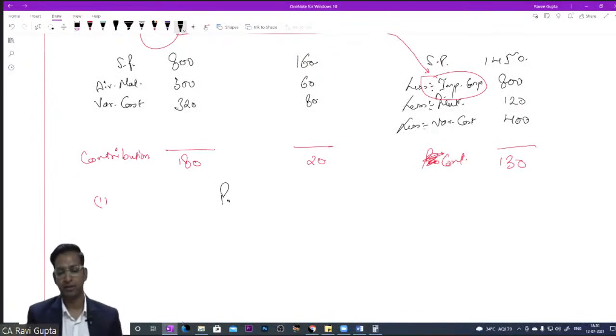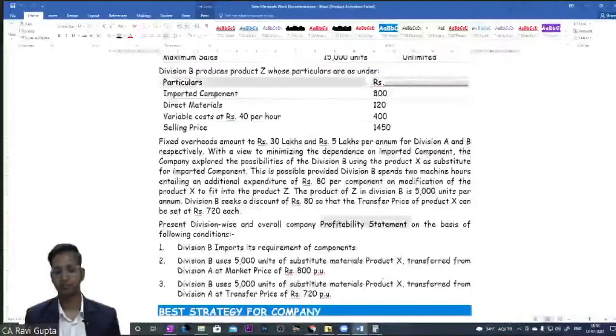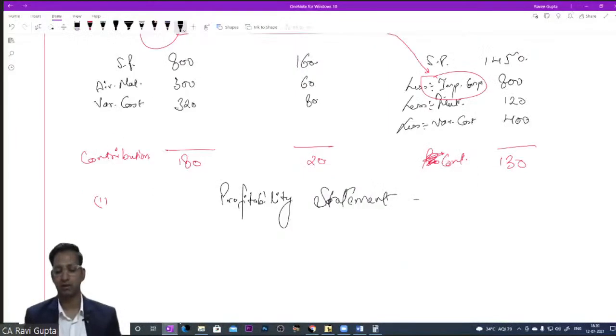So the profitability statement, if division B imports its requirement.